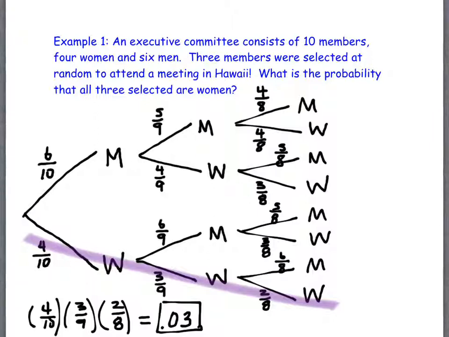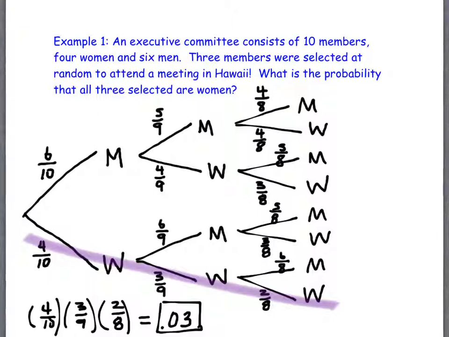Now, let me pause for a second and talk about what would happen if a different question were asked. What if it said we want to know the probability that at least 2 women go? What would the phrase at least 2 mean? 2 or more? Right, so the 3 women would be categorized as at least 2, right?